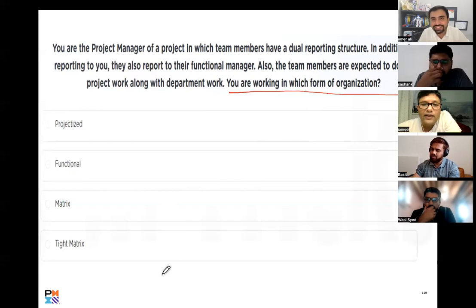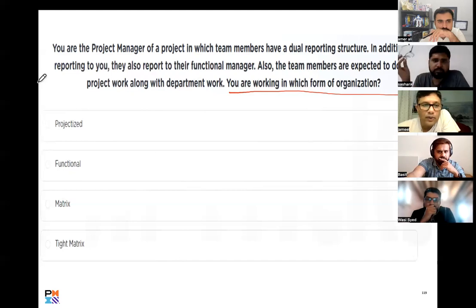You ran away. Okay. You are the project manager of a project in which the team members have a dual reporting structure. In addition to reporting to you, they also report to the functional manager. Also, the team members are expected to do project work along with the department work.